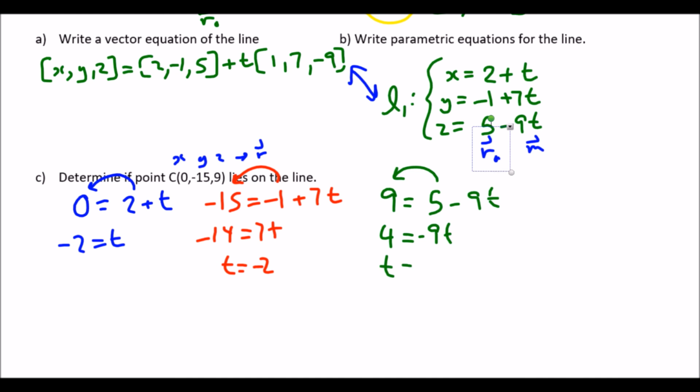And unfortunately, it is not equal to negative 2. These two are. This is not. All three have to be.